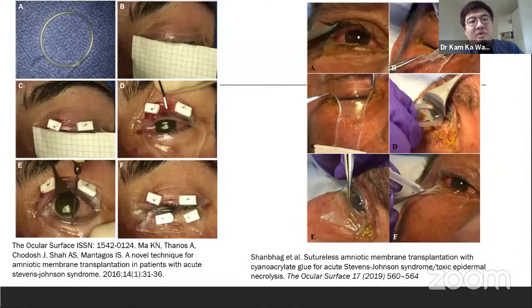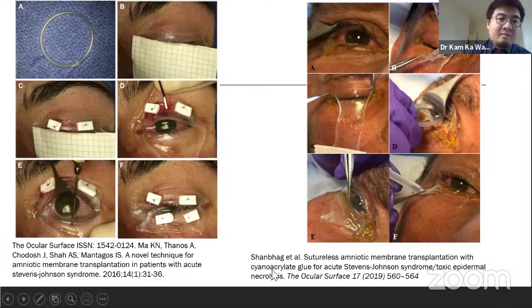Subsequently, there are studies that look at how we can apply the amniotic membrane much more conveniently in the ward or in the ICU setting. On the left-hand side, you see the stitches method, where people use a self-made symblepharon ring, put the amniotic membrane on the eyelid, put the ring in, and then stitch the amniotic membrane on the eyelid itself, and then put the lower part of the ring into the lower fornix, and then finally end the procedure by putting more stitches to the lower part of the eyelid.